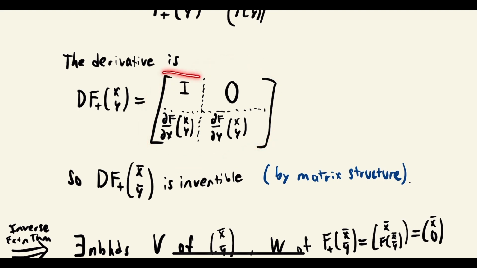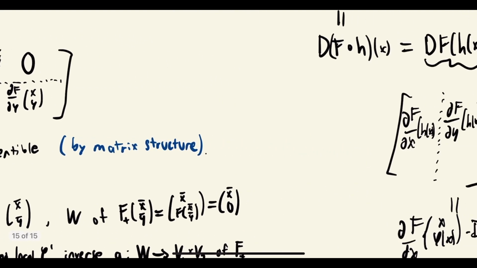Now, does this overall matrix being invertible imply that these respective blocks are invertible? And the answer is yes, it does. That's just, again, another structural property of a matrix of this form. So this total thing is invertible if and only if this and this are both invertible. Because the inverse function theorem tells us that this is invertible on some local region, we can infer that this is also invertible on that same local region.